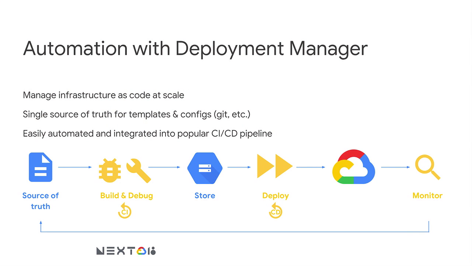Okay, so we saw the organizational construct and we saw the policies. Now let's look at how we can rely on automation and a DevOps approach to manage resources at scale. When you're dealing with thousands of resources, manually provisioning them and individually configuring them not only is not practical, but it's also error-prone.